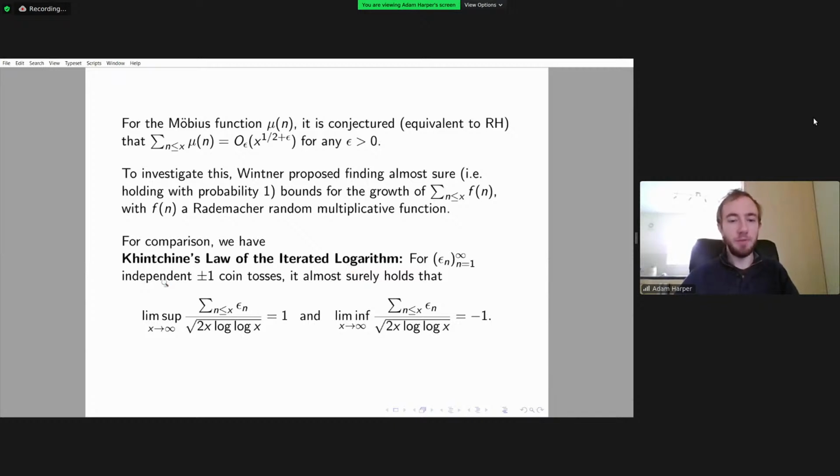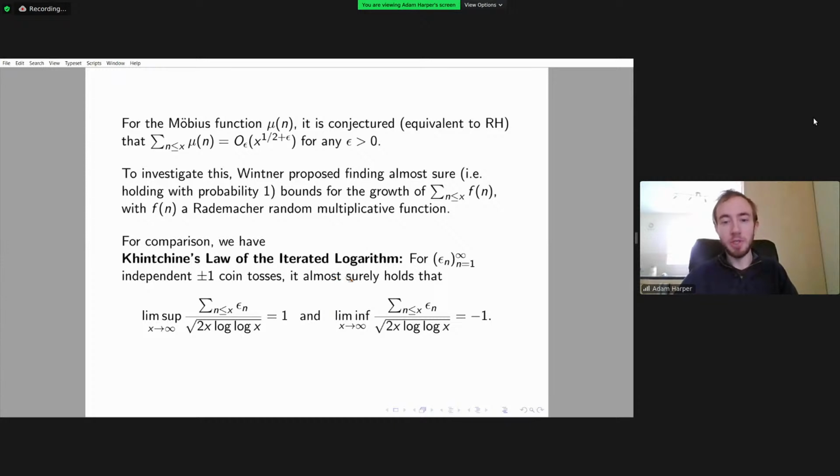What this says is that if you take a sequence of independent plus or minus 1 coin tosses with probability half each, completely independent, so there's no multiplicative structure here, it's just an independent random sequence, then almost surely the lim sup of these partial sums divided by square root 2x log x is 1.